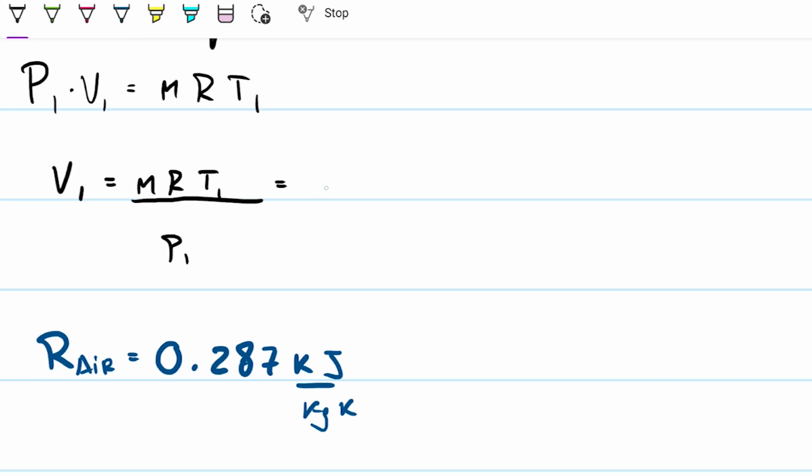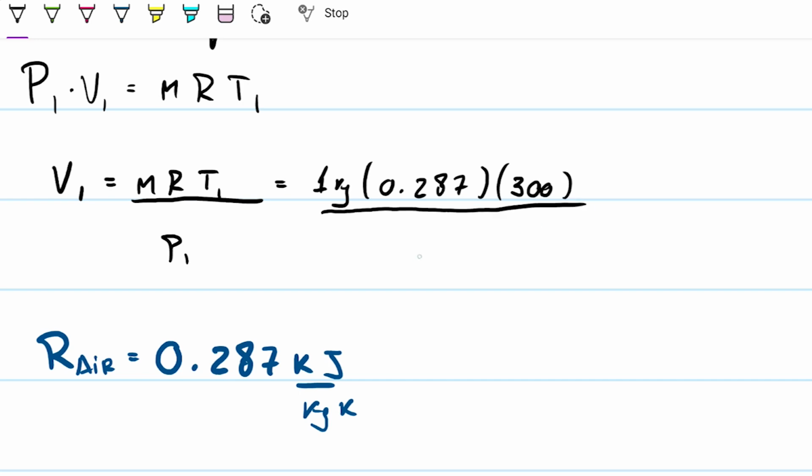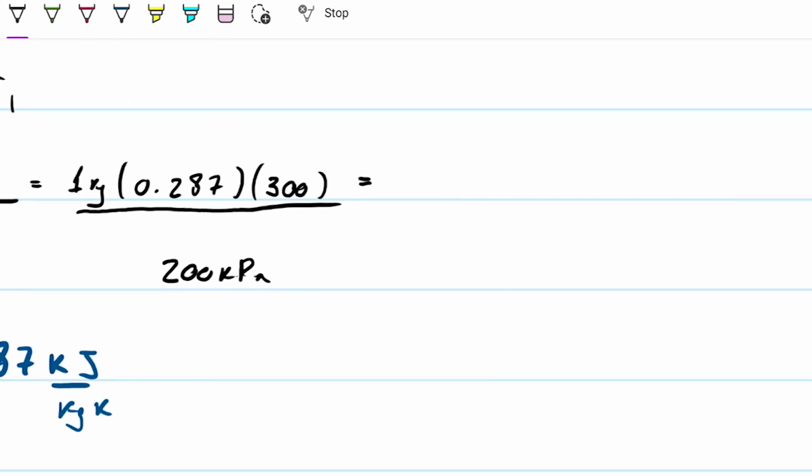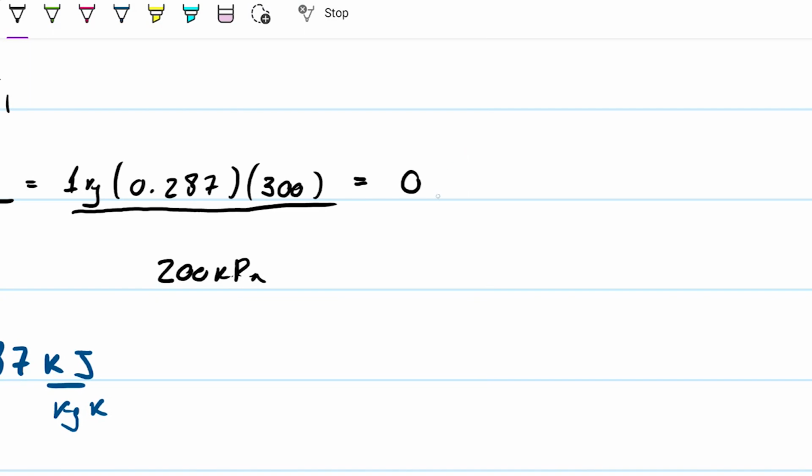Cool. So this is 1 kilogram that we have of air. This is 0.287. This is 300 Kelvin, and we're dividing the whole thing by 200 kilopascals. Let's check on the units, but we should be good. This gave me 0.4305.